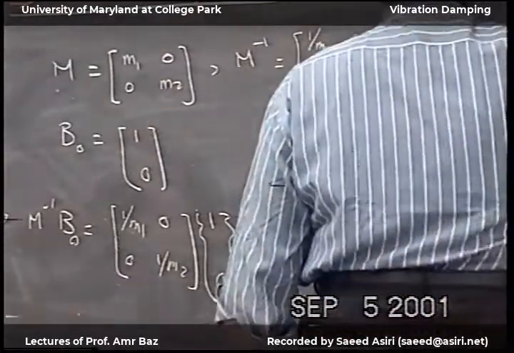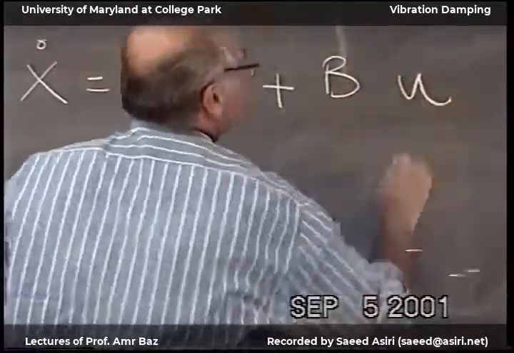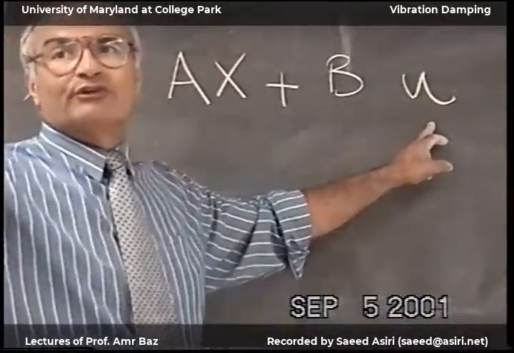So now we have x dot equals Ax plus Bu. I have a single force.